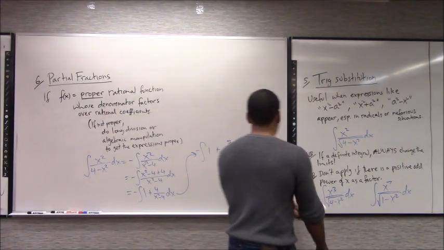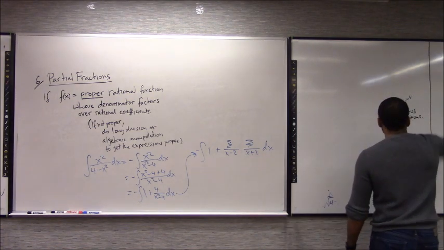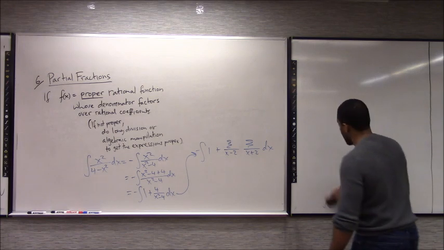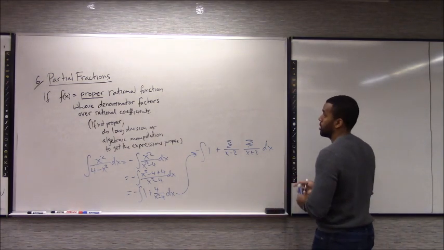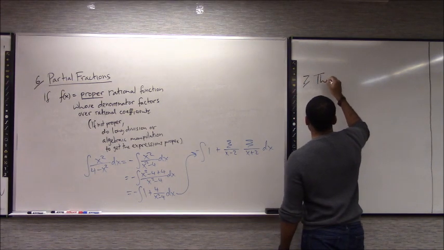So that's the 6th technique that we learned. The 7th technique. This is the Weierstrass substitution.